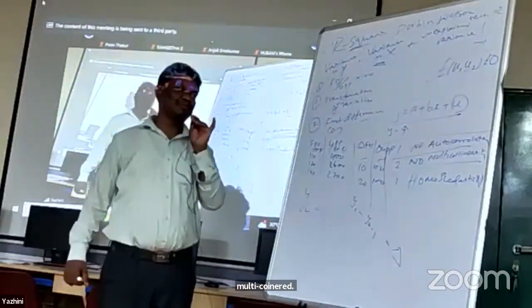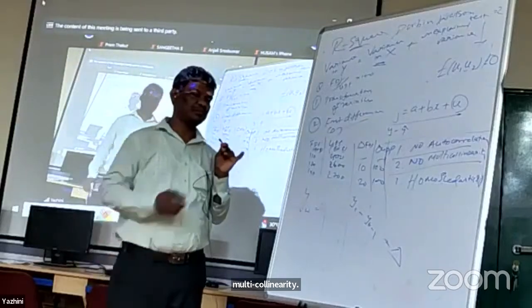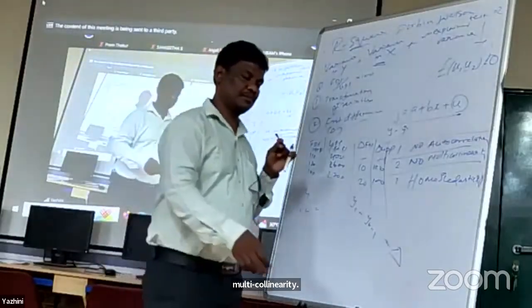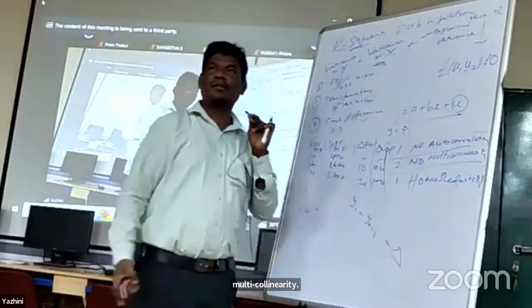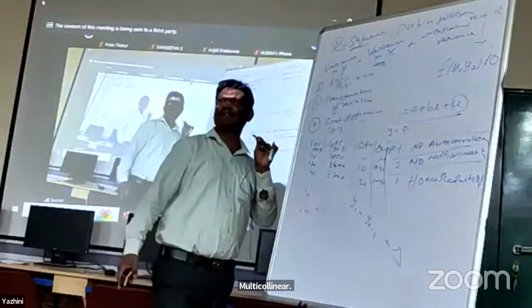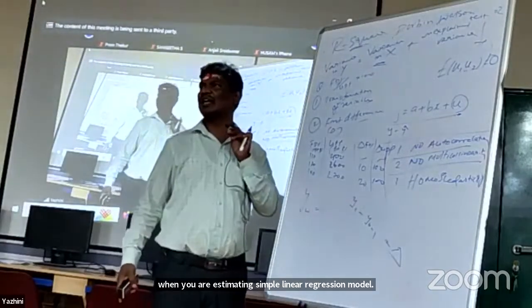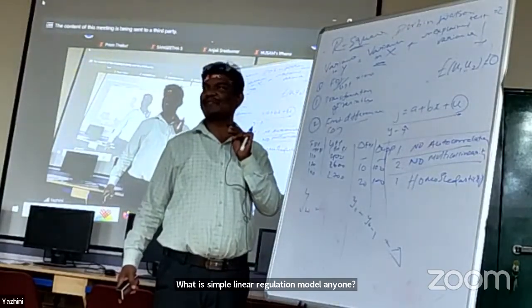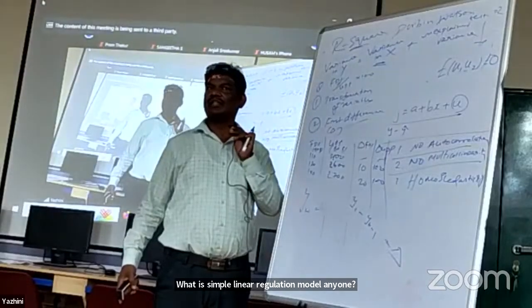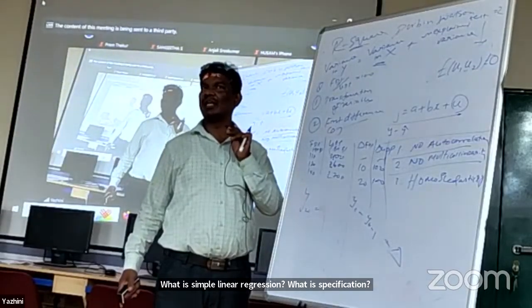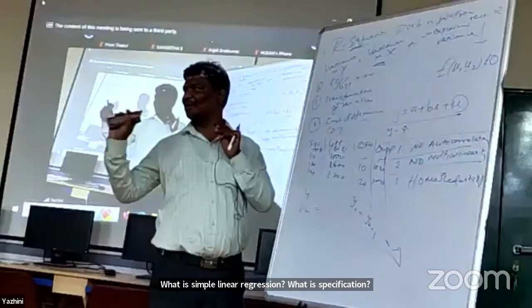Multicollinearity. When you are estimating a simple linear regression model, what is a simple linear regression model? Anyone? What is simple linear regression? What is the specification? The right side variable will be how many variables? Only one variable on the right side.